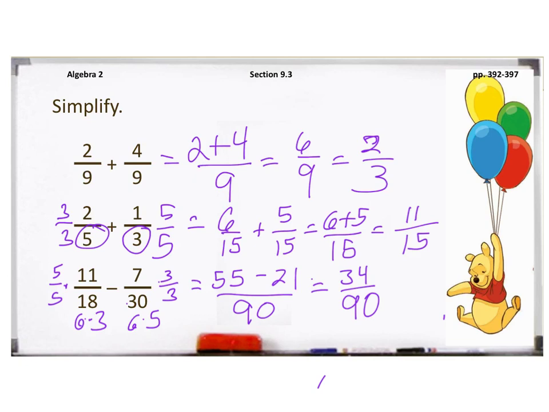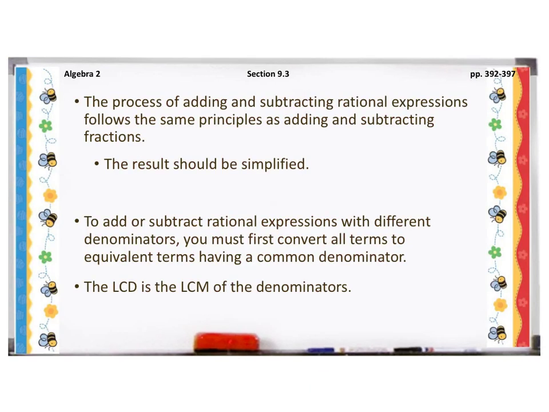All right, so common denominator. This is going to be very important as we proceed. The process of adding and subtracting rational expressions follows the same principles as adding and subtracting fractions. Remember that it is always a good idea for your results to be completely simplified, which means you're going to have to cross out any common factors.